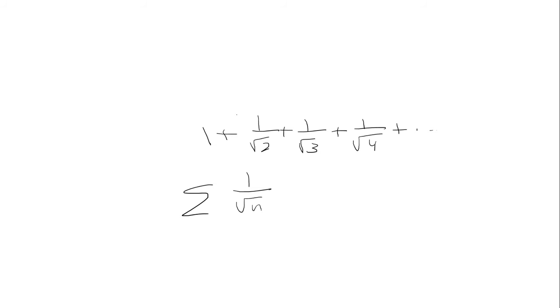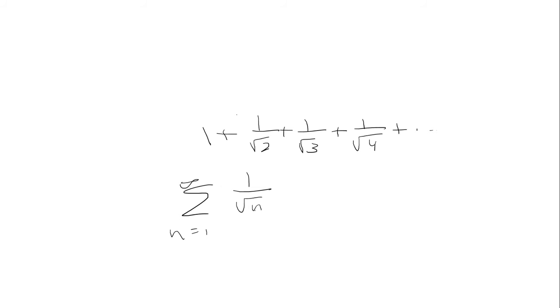Okay, next question. We want to use the p-series test to show whether the following series are converging or diverging. Let's look at the first one: 1 plus 1 over root 2 plus 1 over root 3 plus 1 over root 4, etc. We can just rewrite this as the sum of 1 over root n from n equals 1 to infinity.